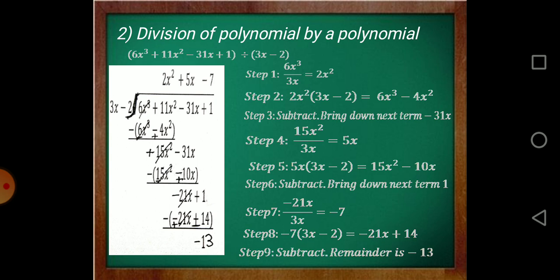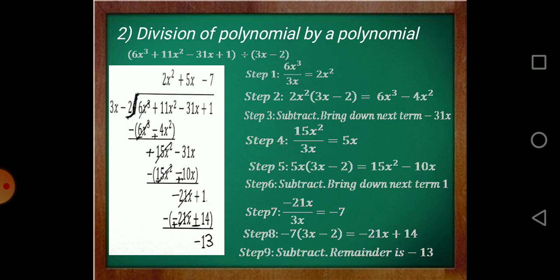Now whether all the terms are there or not. Yes. In the dividend, terms of degree 3, 2, 1 and 0 are there. In the divisor, degree 1 and degree 0 are there. So now we will write the division symbol and write the dividend inside and divisor outside. Now our division process starts.